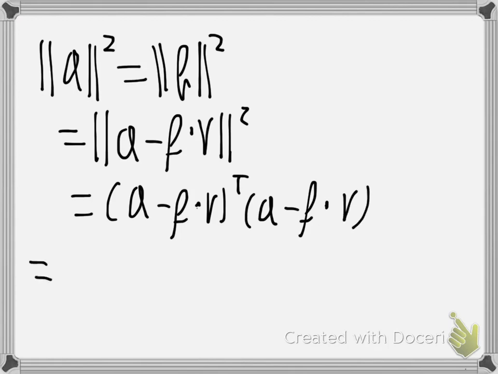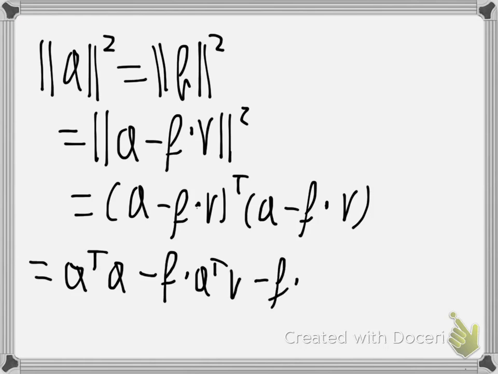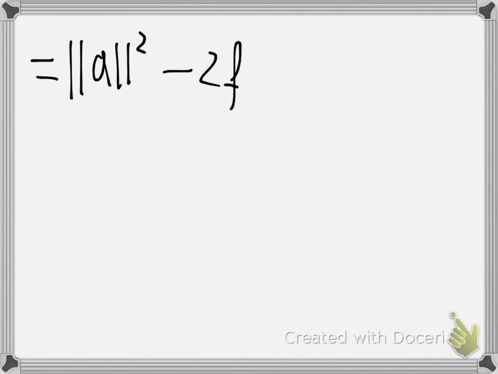Okay? So this is equal to A transpose A minus F times A transpose V minus F times V transpose A plus F squared V transpose V. Now this is equal to the length of A squared minus 2 times F V transpose A plus F squared.